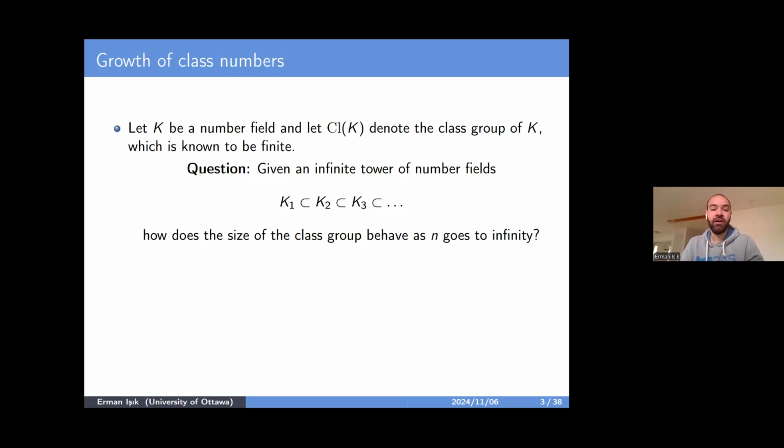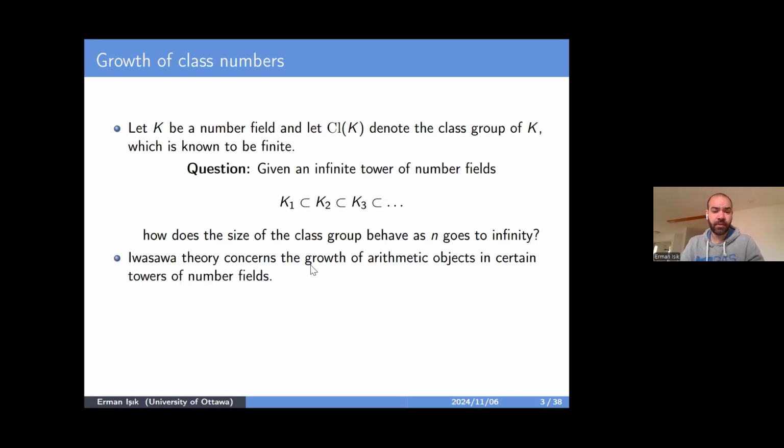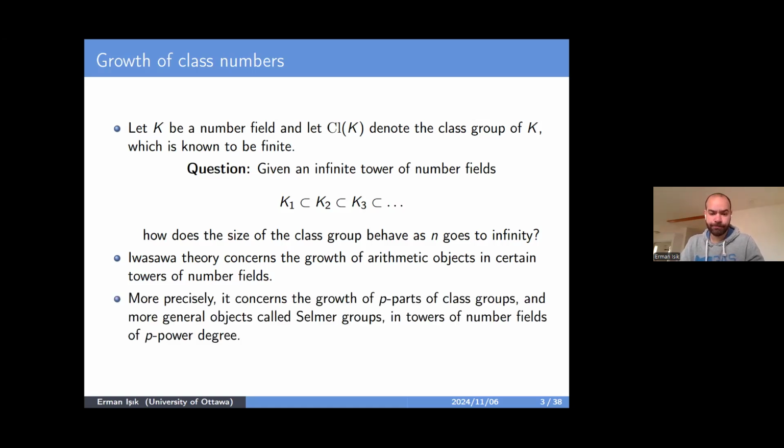So they behave astonishingly well over these towers. In general, Iwasawa theory concerns the growth of arithmetic objects over certain towers. If I need to speak precisely, as I said, we are talking about p-parts of class groups, but when we talk about arithmetic objects, we are actually talking about Selmer groups.